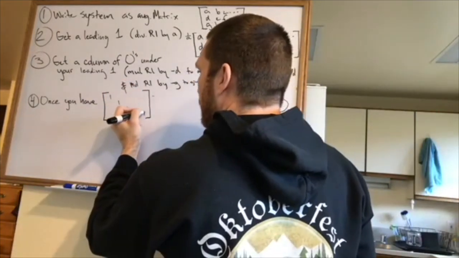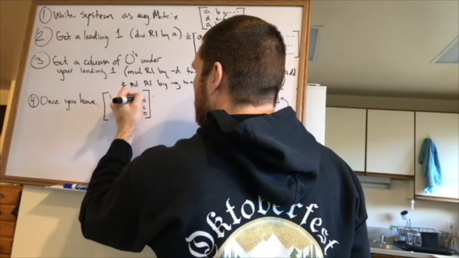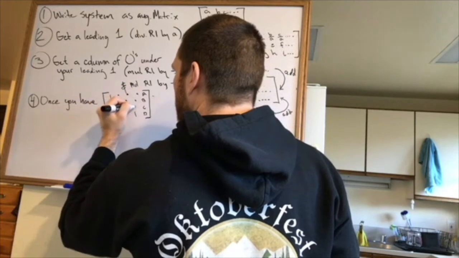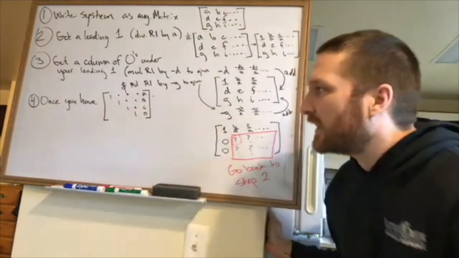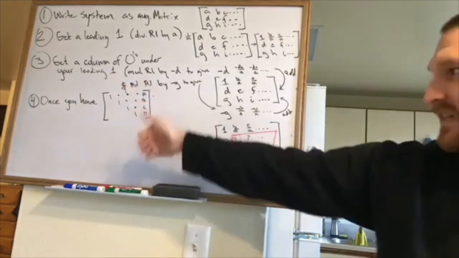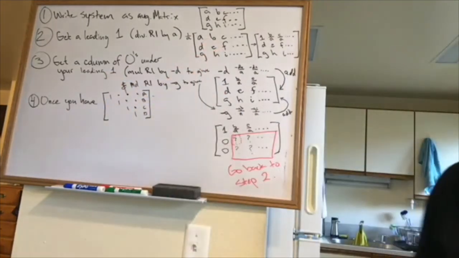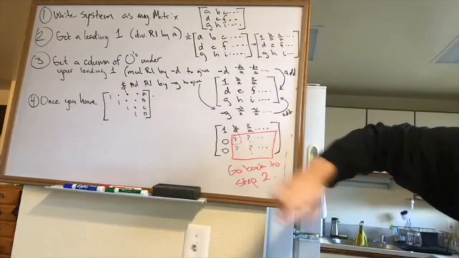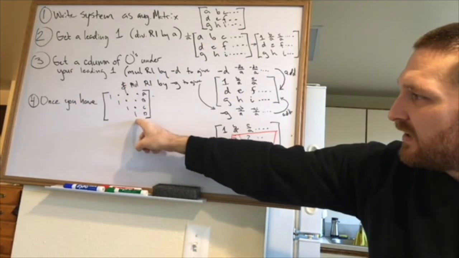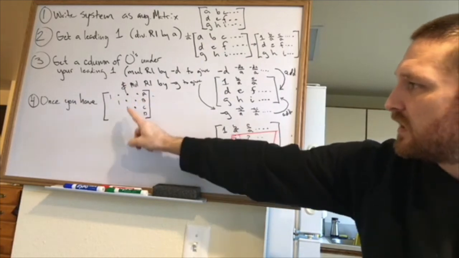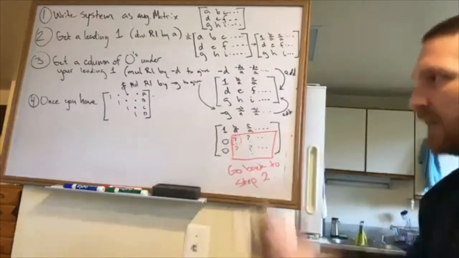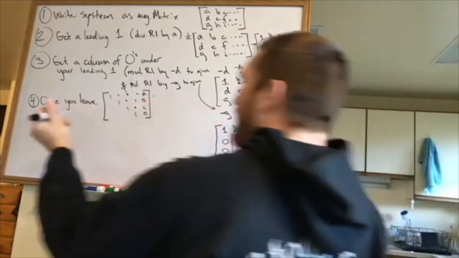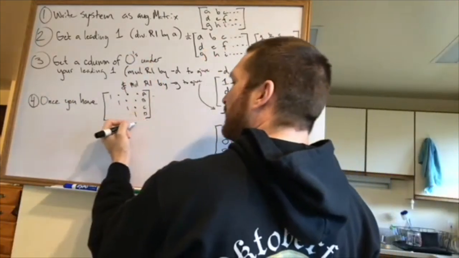And this is, I don't know, D, C, B. And then you have a bunch of things here. This is called upper triangular because, hey, look, it's like a triangle in the upper part, right? Once you have this, now you're playing the exact same game you played, but you're going to start here and kill off those columns there. So once you have this, get a column of zeros above the last one.